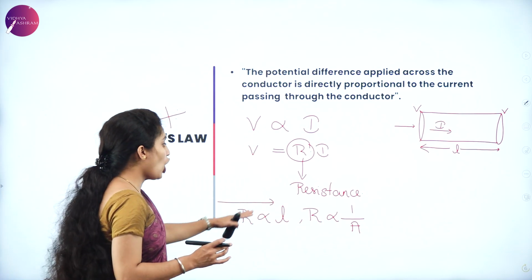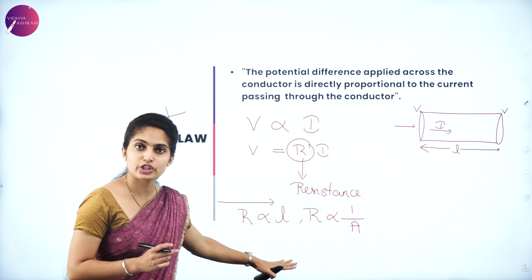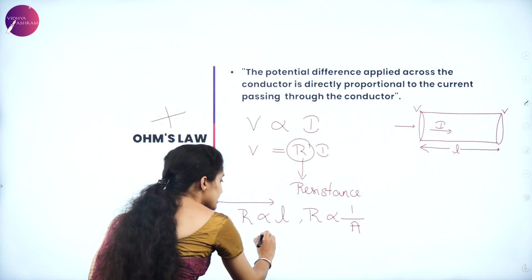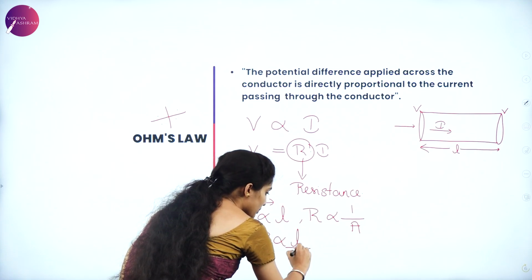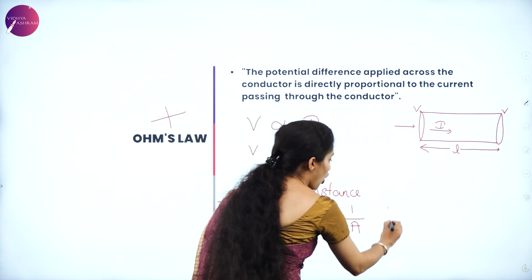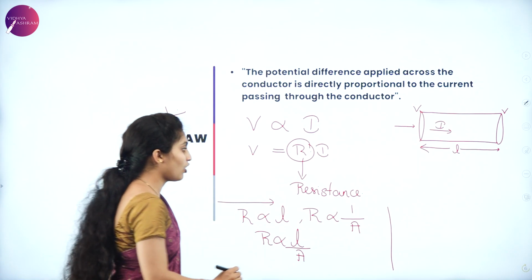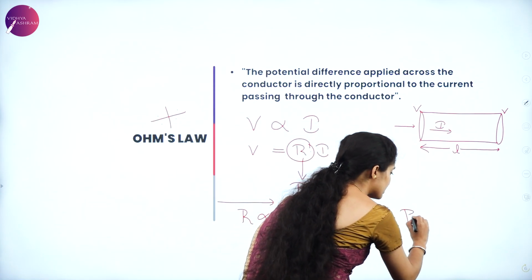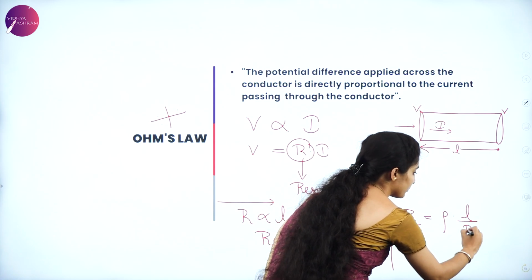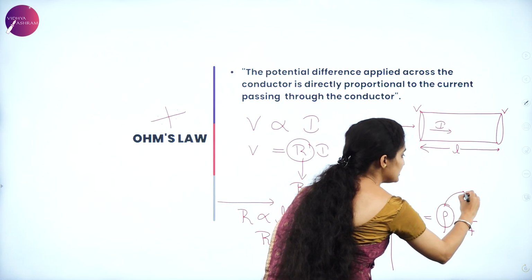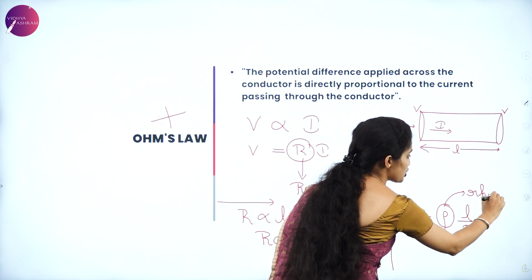So now, on combining these two laws of resistance, we have resistance directly proportional to length and inversely proportional to area, and on removing the proportionality, you have got a constant called rho, into L by A. This is called rho, R-H-O.